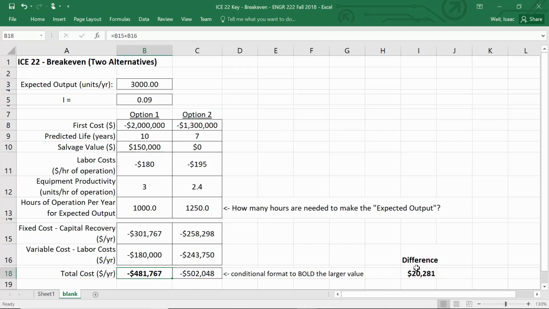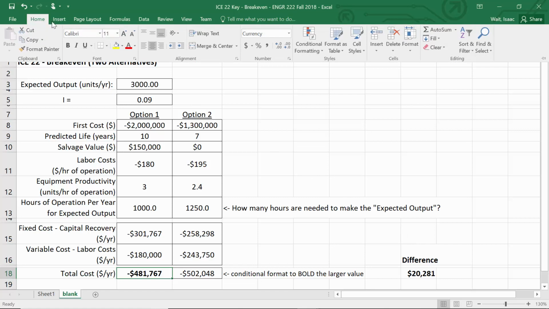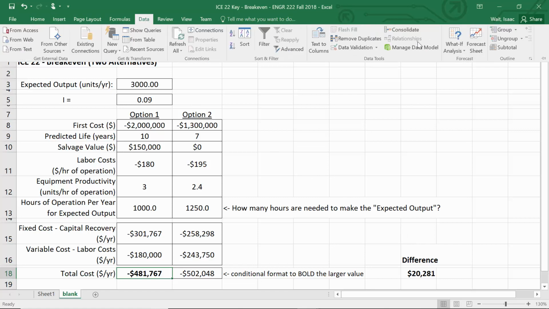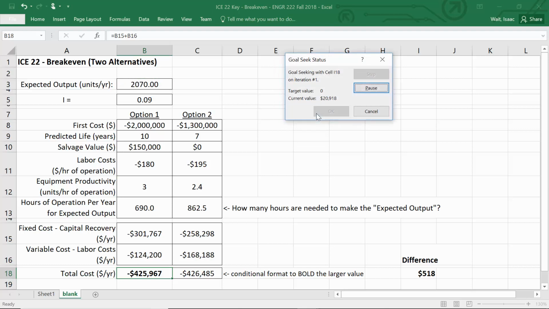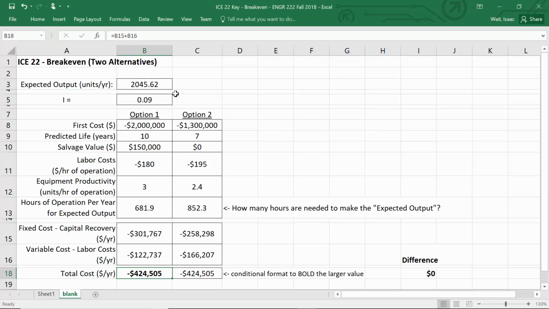So then the final thing, to find the break-even point in part D, what I'm going to do is home, data, what if analysis, goal seek. And my goal is for the difference between the two to be 0 by changing the expected output. So it goes through, tries a few different numbers, and it's 2046.